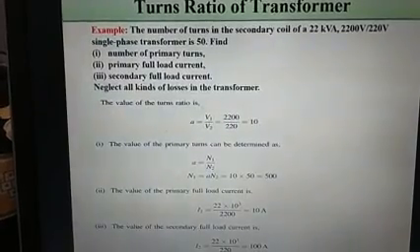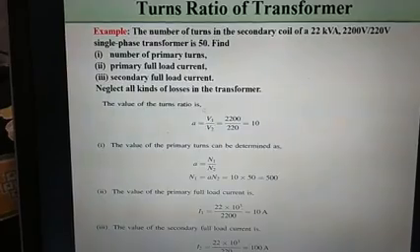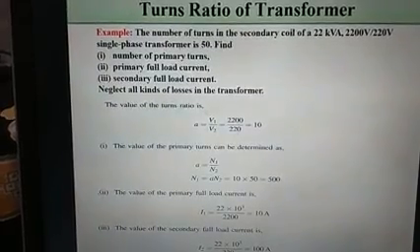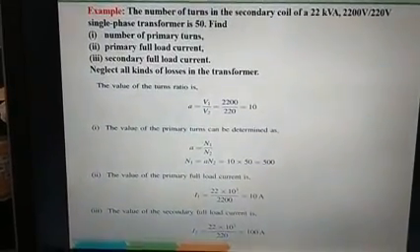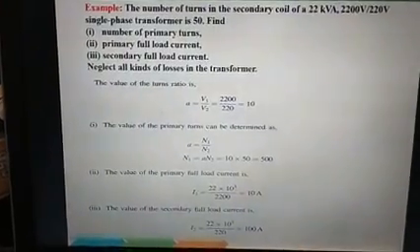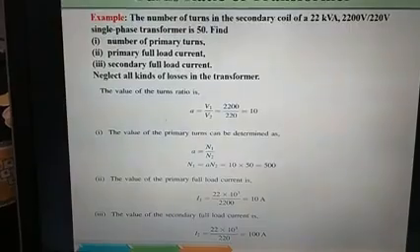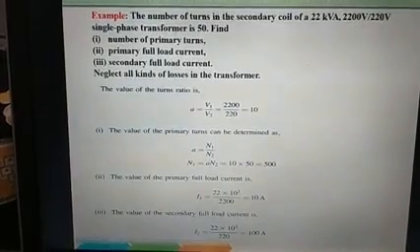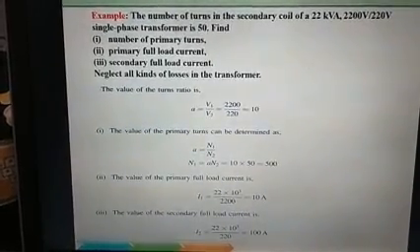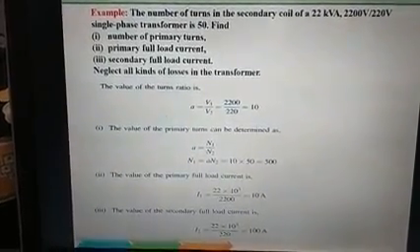Now from the turns ratio, A is equal to N1 by N2, so N1 is equal to A into N2, 50 into 10 is equal to 500. So number of turns at the primary side is 500.